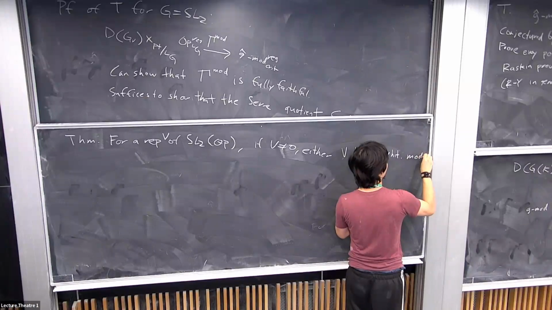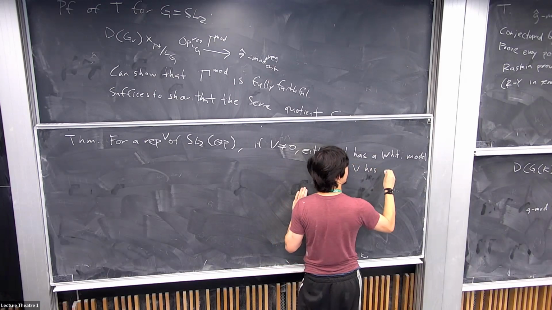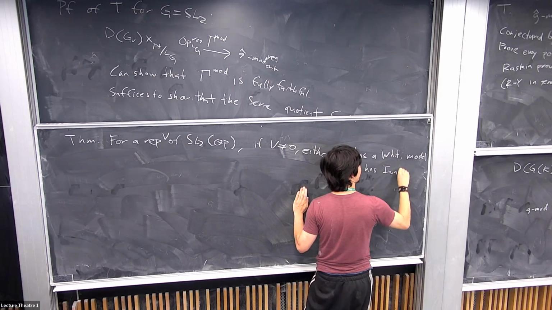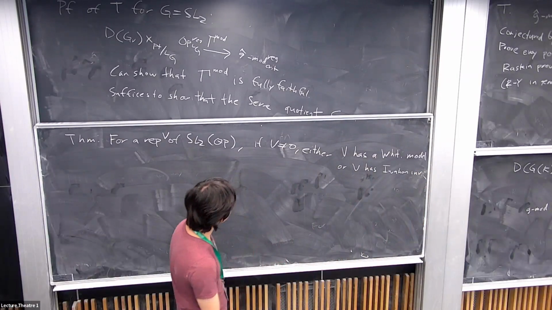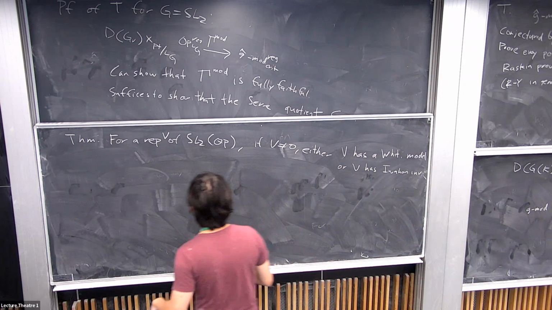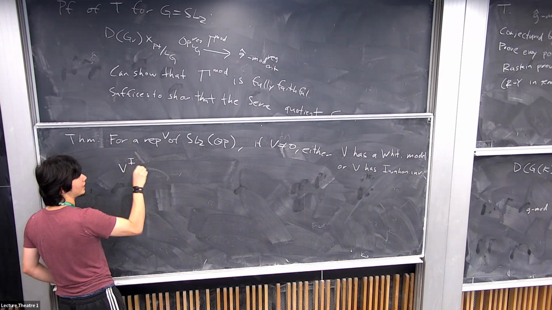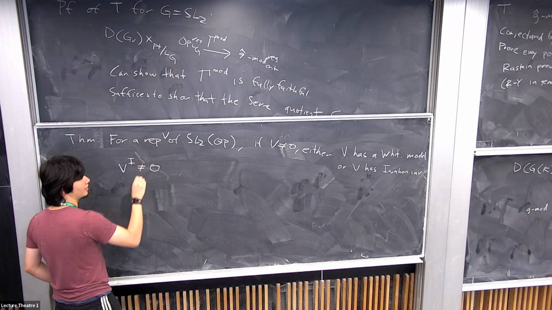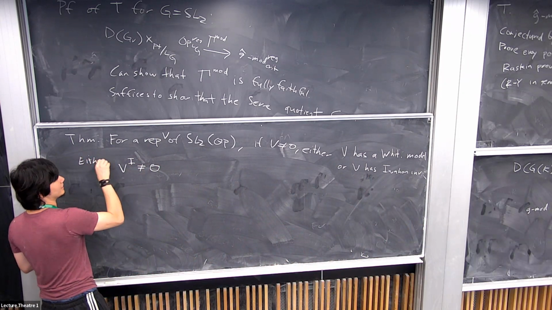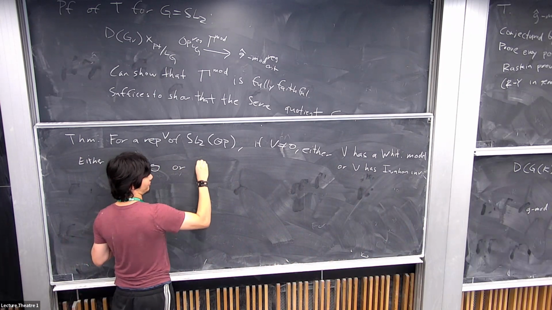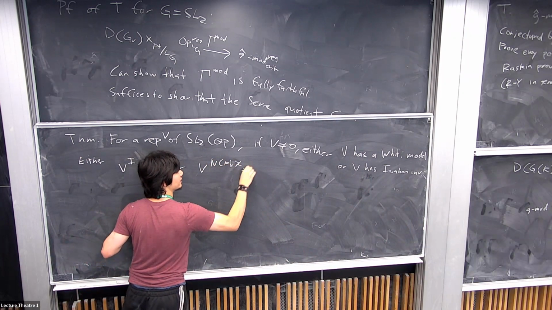Either V has a Whittaker model or V has Iwahori invariance. So V having Iwahori invariance is a statement that V^I is not 0. So either V^I is not 0 or the Whittaker coinvariants of V, which I can write like this, isn't 0.